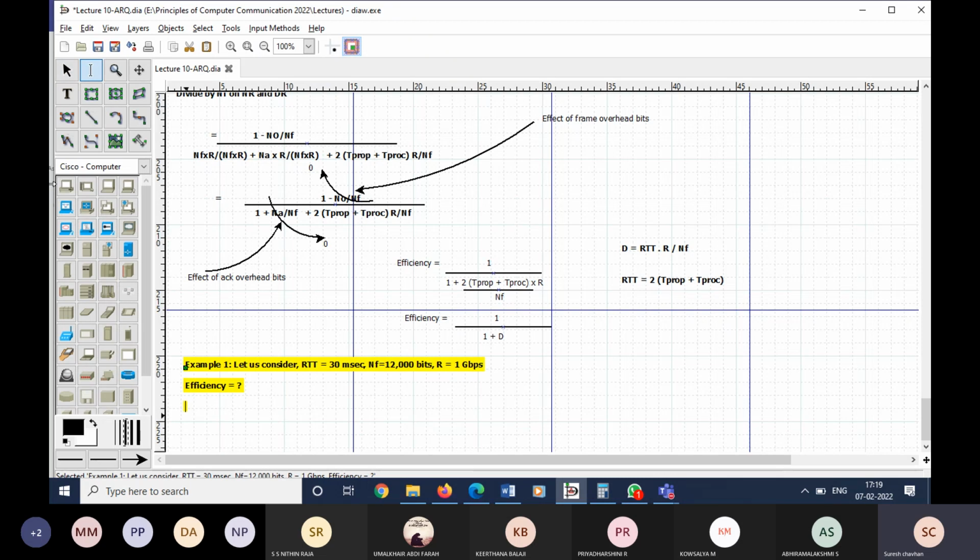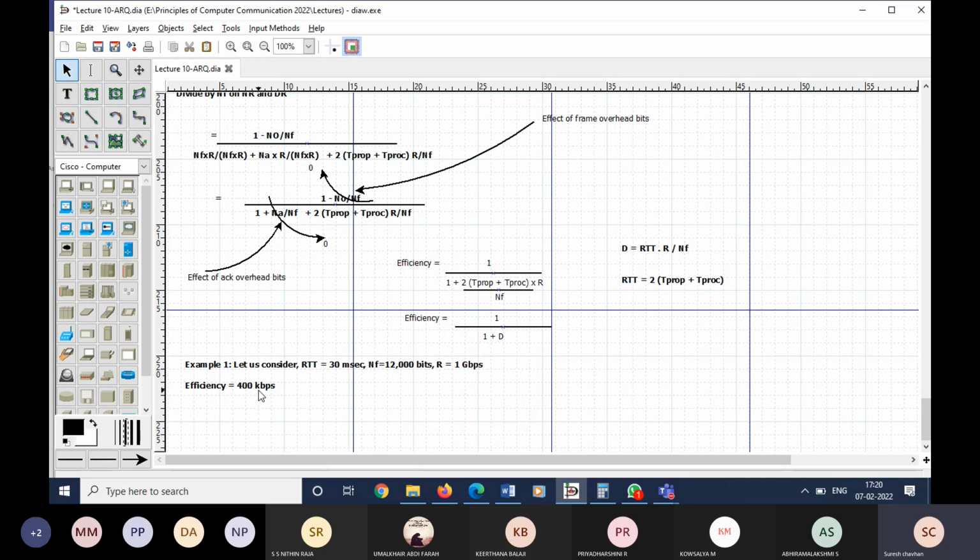So if you calculate, it will come around 400 kbps. Okay, so this is the efficiency you will be getting. So you can understand here, I'm having the channel transmission rate 1 Gbps, but I'm able to use only the 400 kbps.